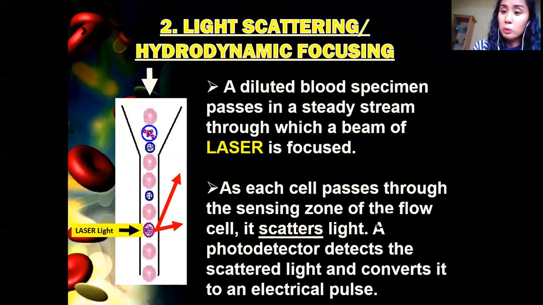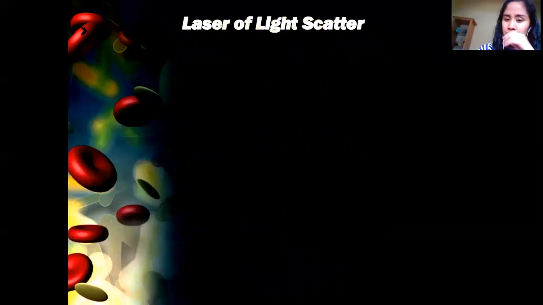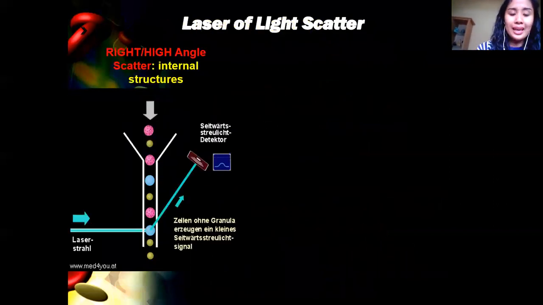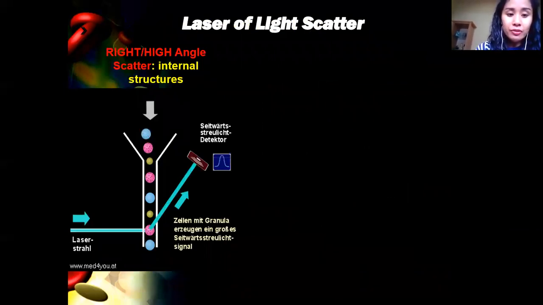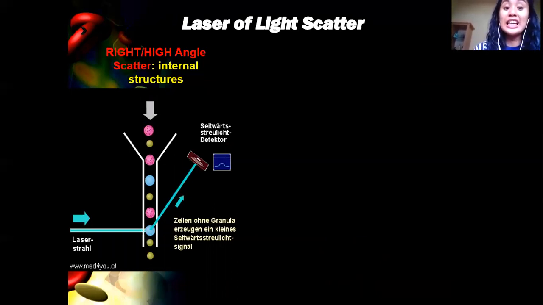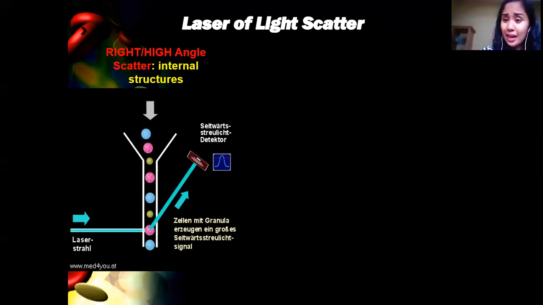The light can scatter forward at a low angle, or at a right angle, or high angle. The first one is right or high angle scatter, which will detect the internal structure. I think this is more reliable because it can now see the inside of the cell.